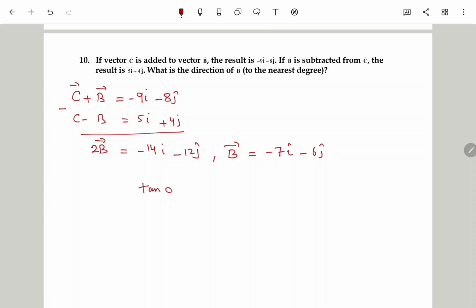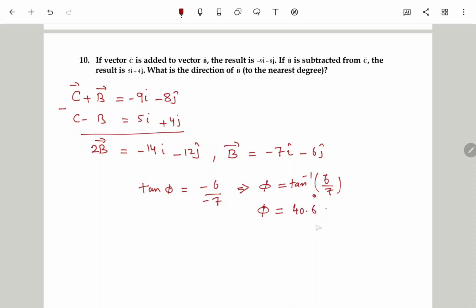Tan phi, in this case, is equal to minus 6 over minus 7, and phi is tan inverse 6 over 7. Phi, in this case, is 40.6 degrees.